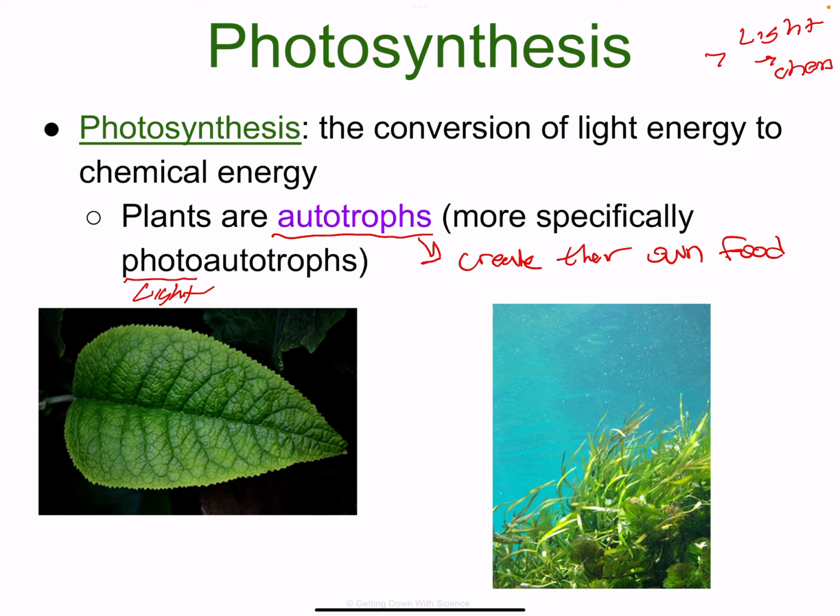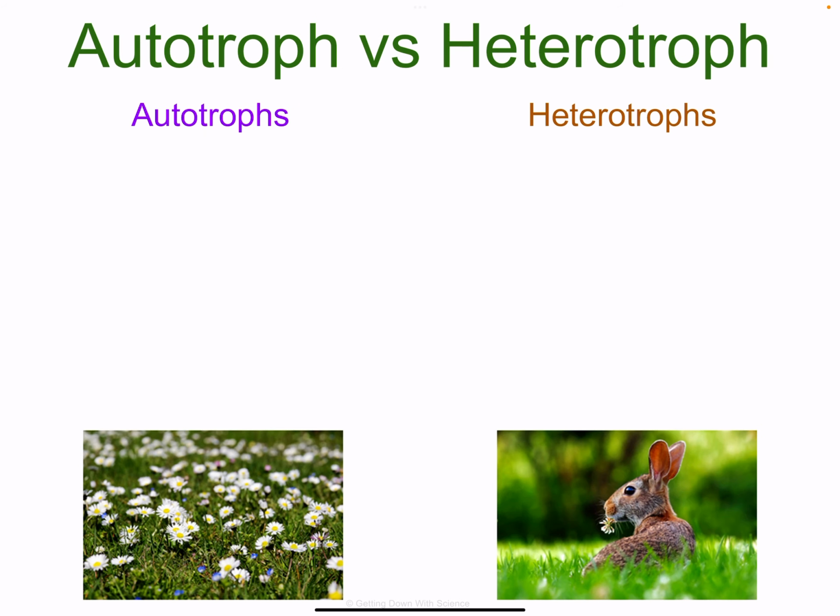So autotrophs are your plants, plants that you find on land, also plants that you find in the ocean, and some bacteria can also be autotrophs, but we're really just focusing on plants right now, okay? So do know that plants are the only organisms that we're dealing with that are able to utilize this process called photosynthesis, okay?